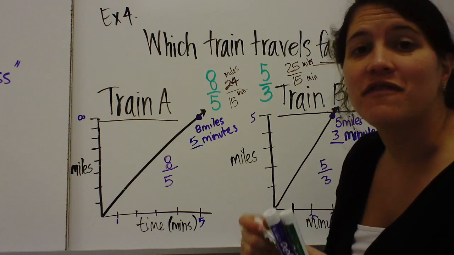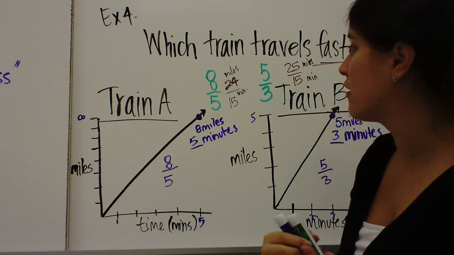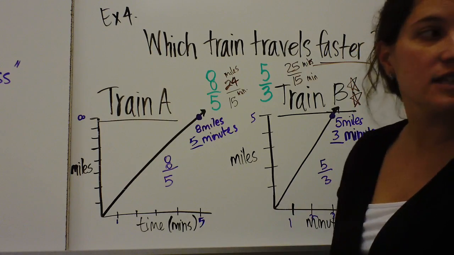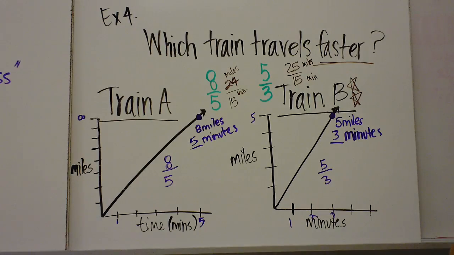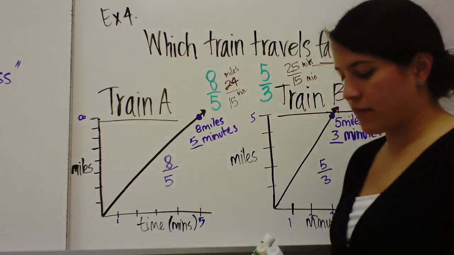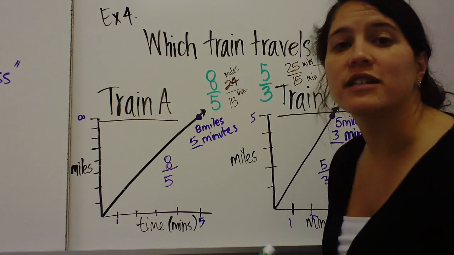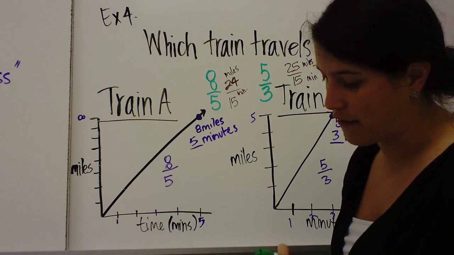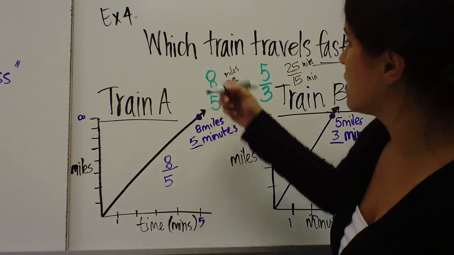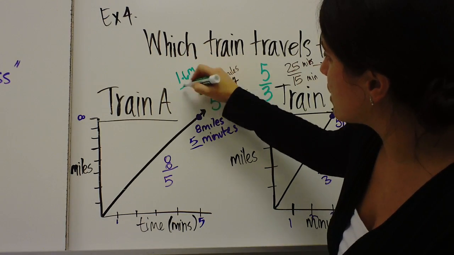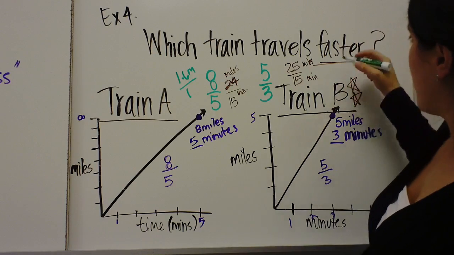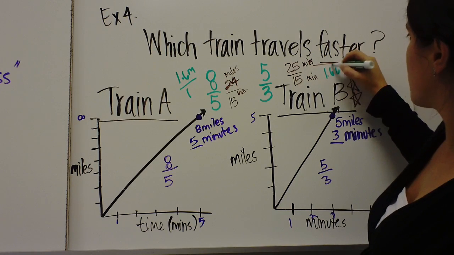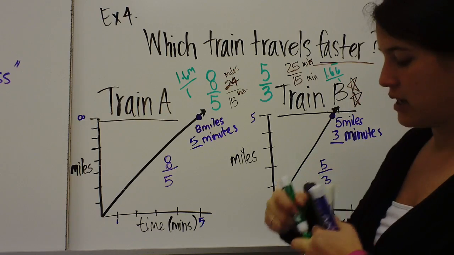But you could also divide using your calculator, and I forgot a calculator, hold on. So if I were to divide, I would do 8 divided by 5, and this is 1.6 miles in 1 minute, and this is 5 divided by 3, and this is 1.66 repeating miles in 1 minute.